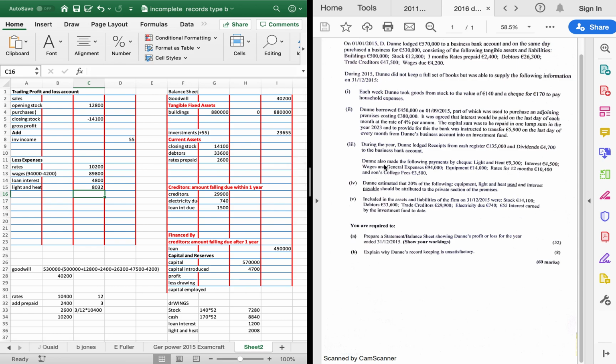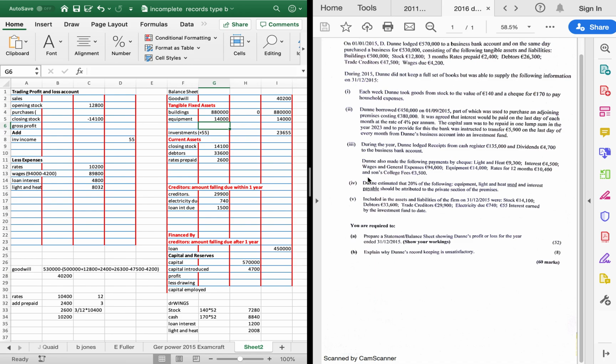Interest 4.5 I've done, wages I've done, equipment 14,000. So that's our fixed asset. Just make sure there's no equipment at the top. I missed it like I did the last time, but there isn't. It's no depreciation, so we can put it straight in. Rates I've done, and the college fees. Now, it's the son's college fees.